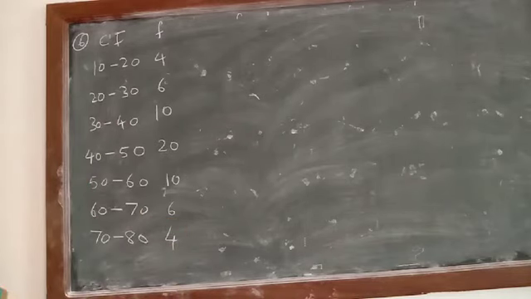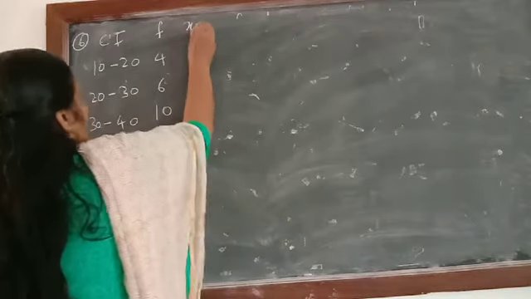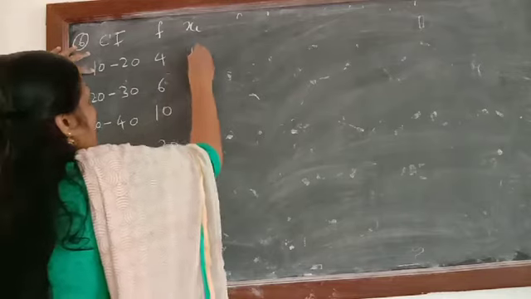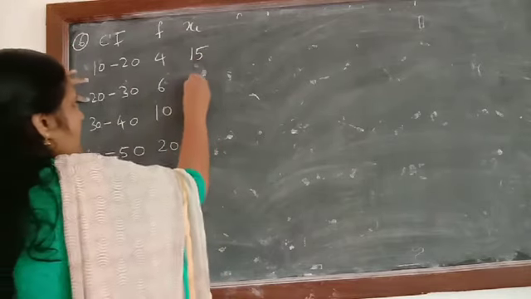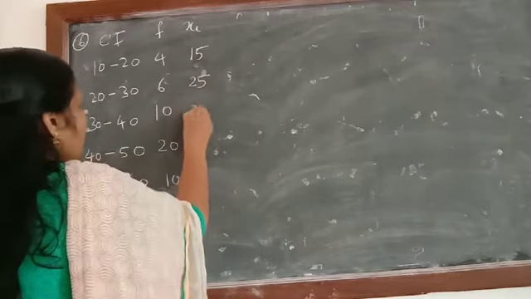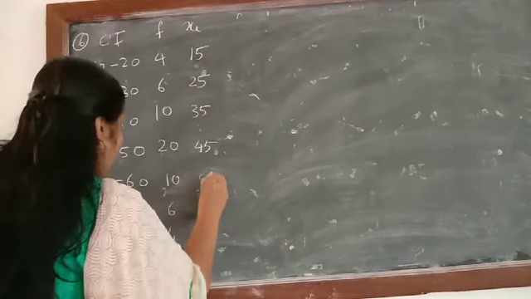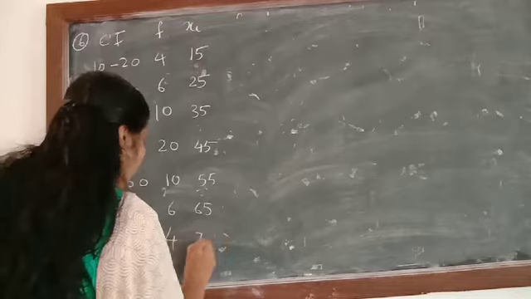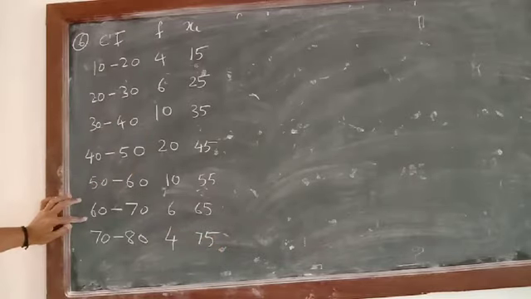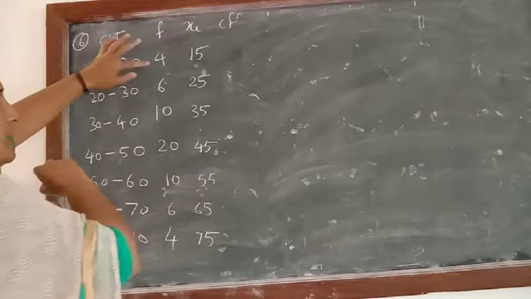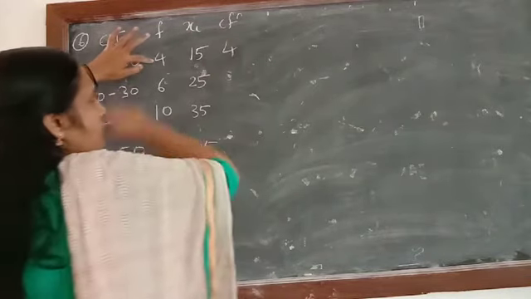Now first only we can calculate what will be xi there. So just write down here xi. 20 plus 10, 30. 30 by 2 is equal to 15. So next we can write directly 25, 35, 45, 55, 65, 75. Now to calculate the median we need cumulative frequency. So start going to add the frequency now.